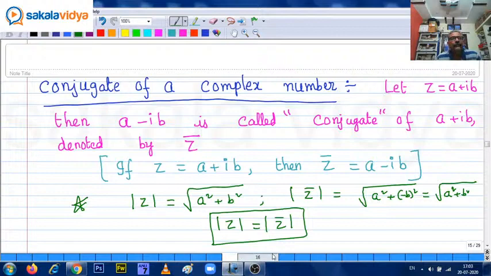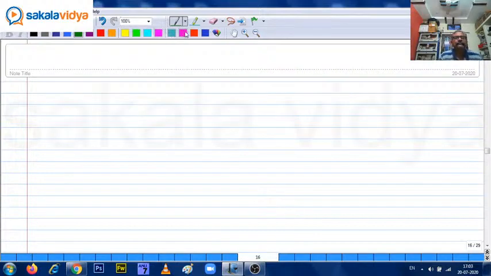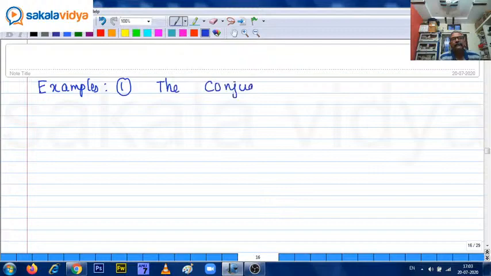Now I will give some examples you need to do now. The conjugate of 3 plus 4i. Okay, I will check your answers.